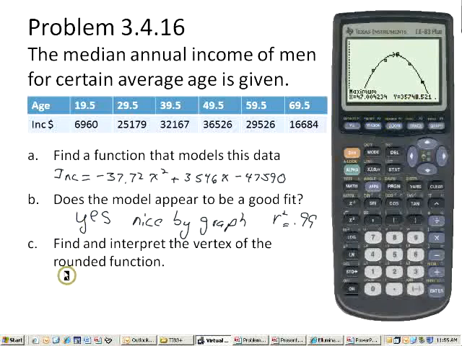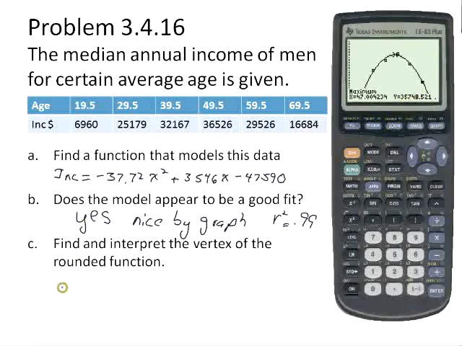So I'm going to interpret my vertex, rounded off. This is going to be about 47 years of age, and I have an answer here of 35,750 if I round that off.